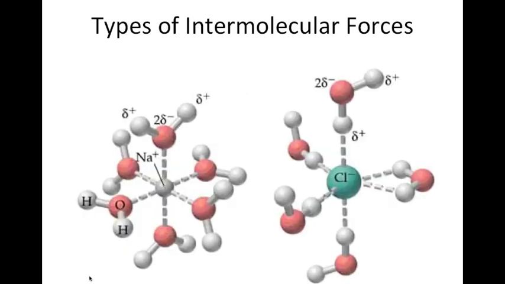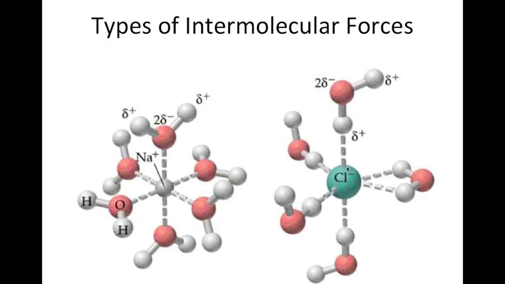Here in the center we have our sodium cation, and it's surrounded by several water molecules. The water molecules are going to align themselves so that the partially negative oxygen is able to form an interaction with the sodium cation. So here they're all aligned so the partially negative oxygens are forming an interaction with the sodium.